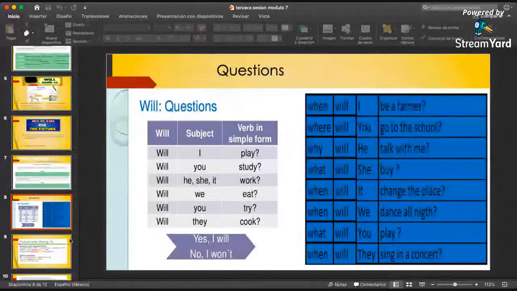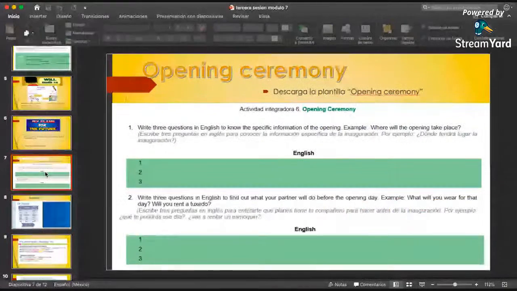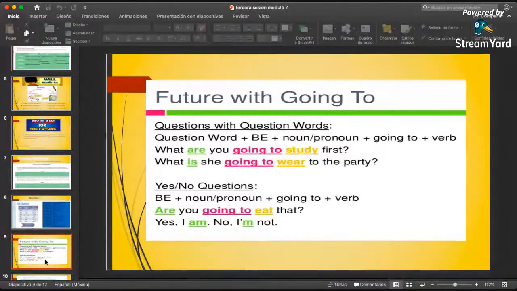Okay, so remember that in this section, write the questions using the future tense. You can use will or going to. And here I have some examples, but using going to. For example, what are you going to study?